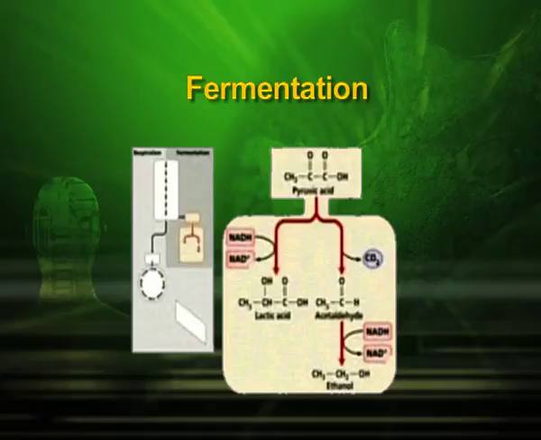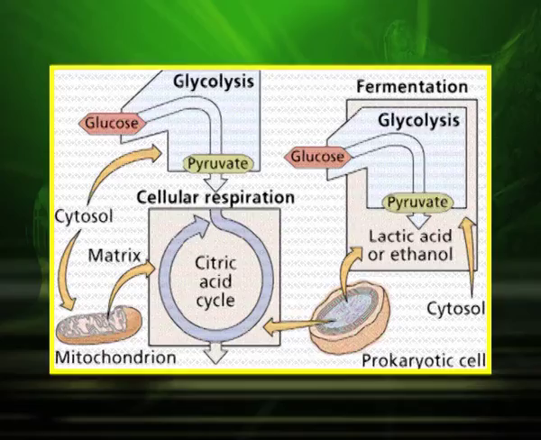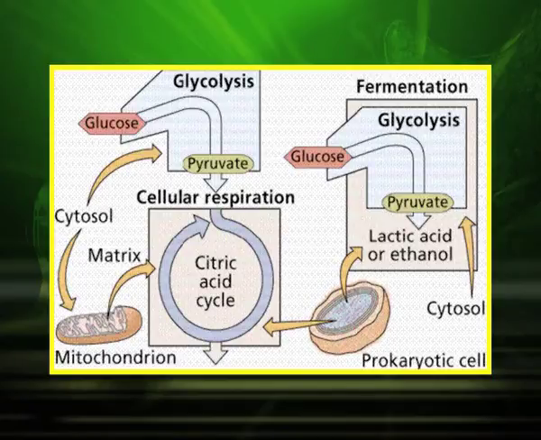It starts with pyruvic acid, and pyruvic acid in absence of oxygen is converted to lactic acid, or it may be converted to acetaldehyde, and acetaldehyde will be finally converted to ethanol.